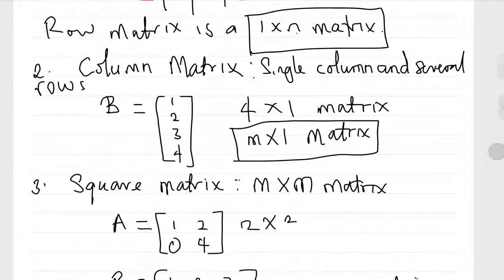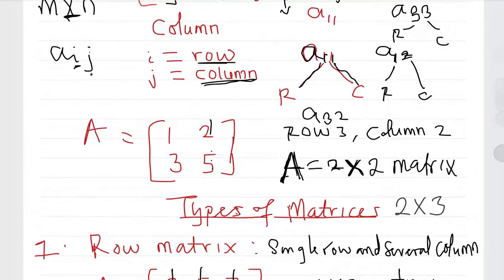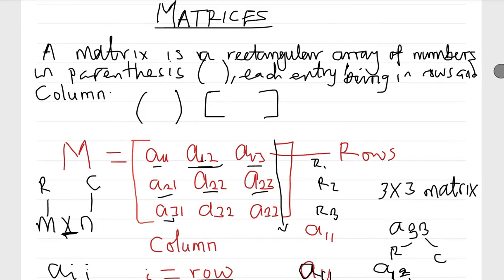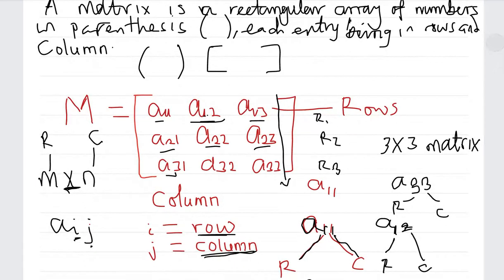Don't forget I started with the definition of a matrix, and I told you that a matrix is a rectangular array of numbers in parentheses, each entry being in rows and columns.